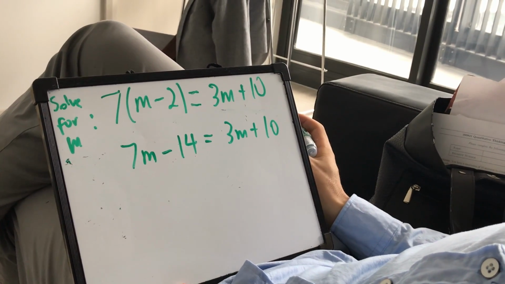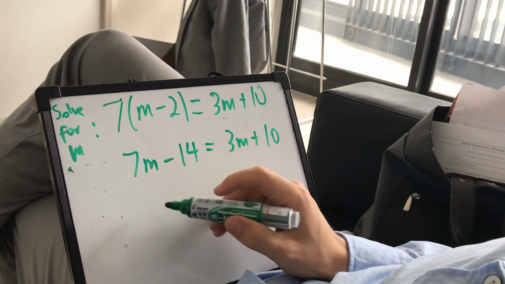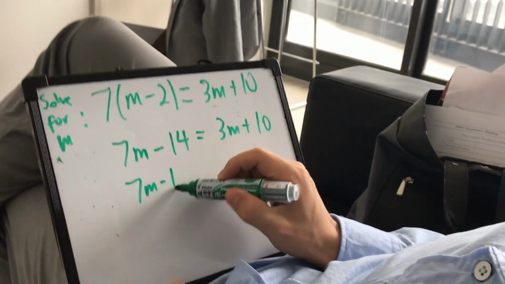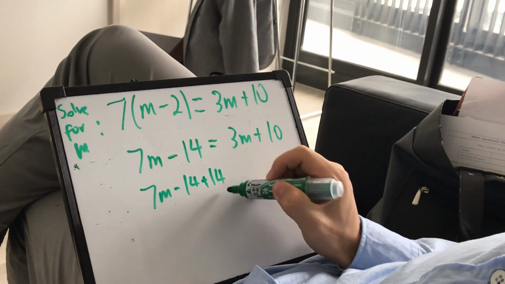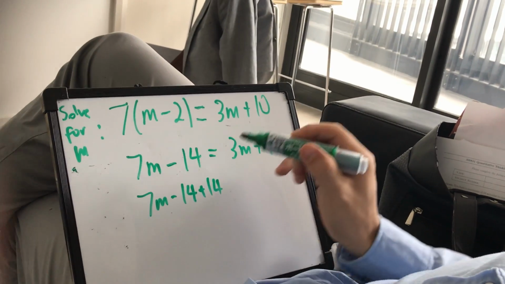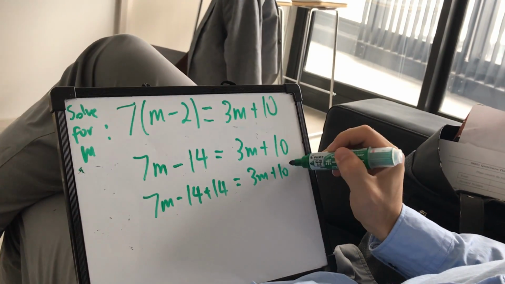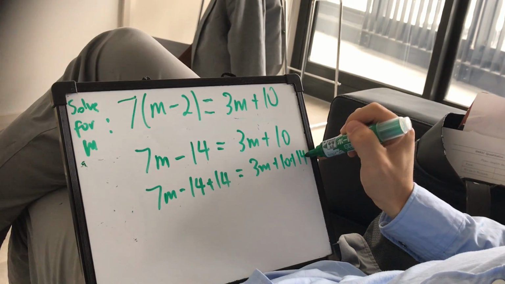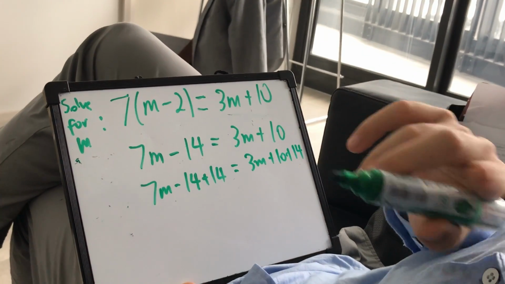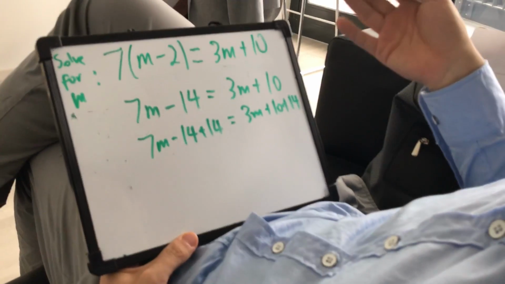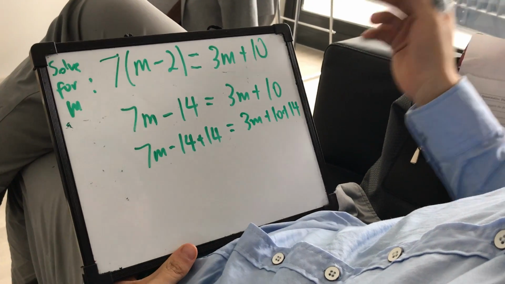For example, we could add 14 to both sides, and they're still going to be equal. Adding 14 is reversible because I could just subtract 14.